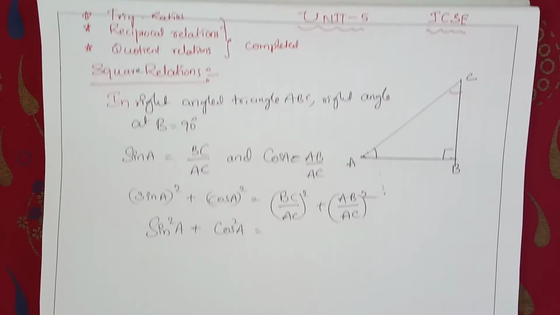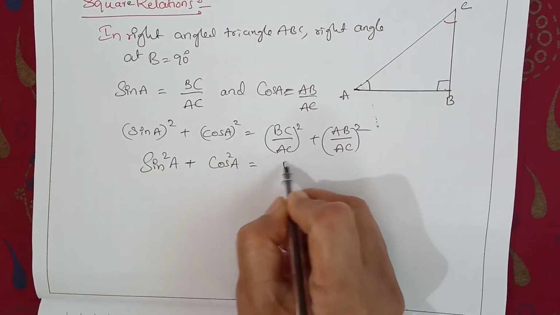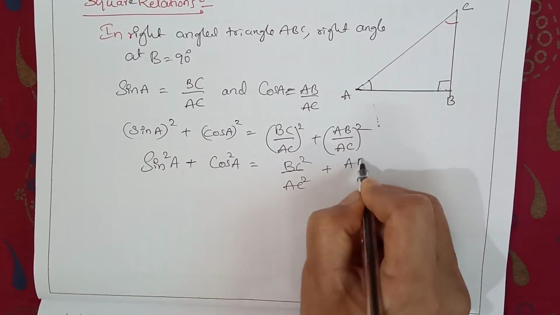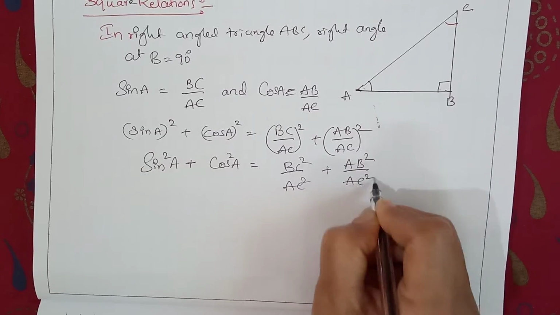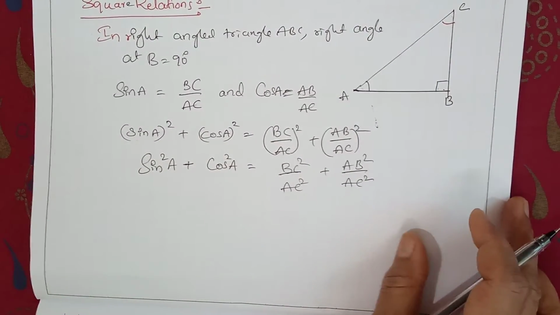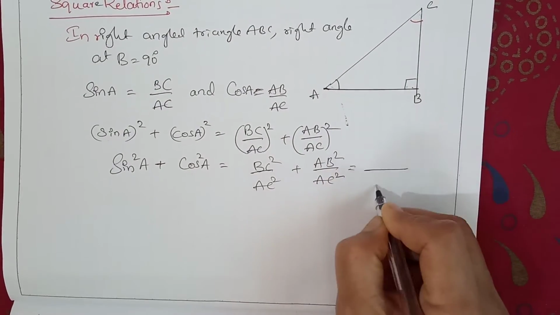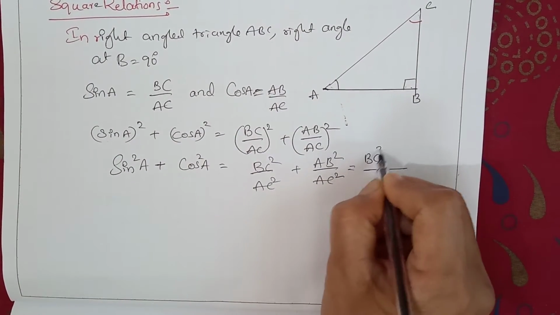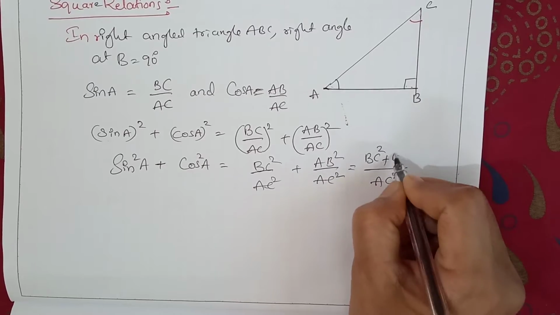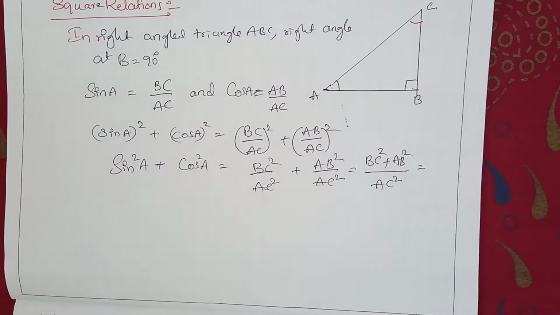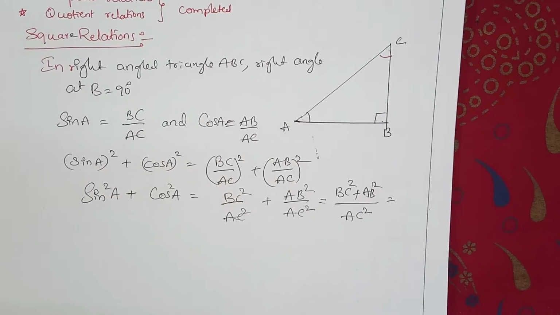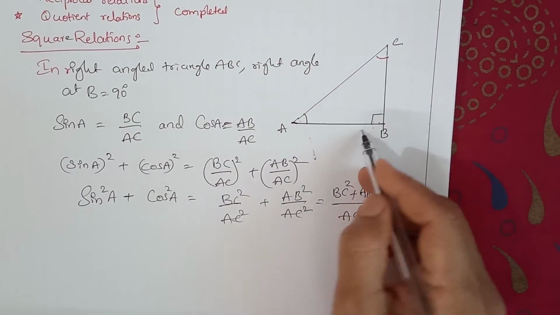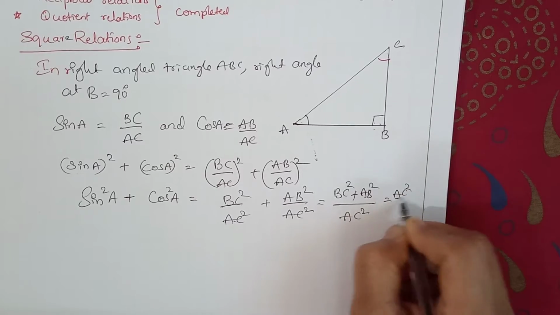Now, what is this? BC square by AC square plus AB square by AC square. I can take the LCM, AC square, and add the numerators directly because the denominators are equal. And BC square plus AB square is nothing but AC square.